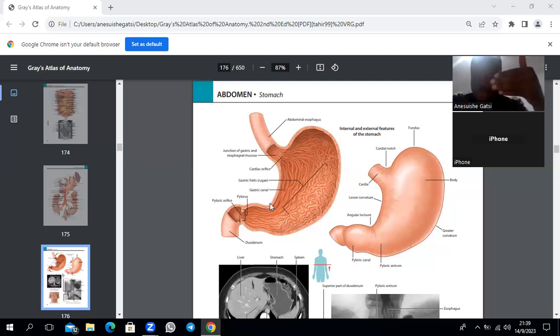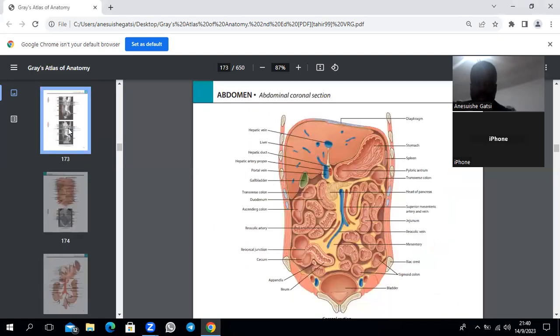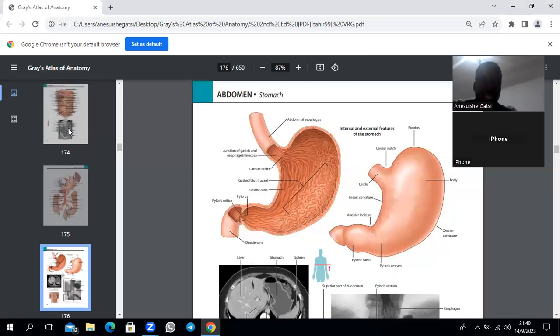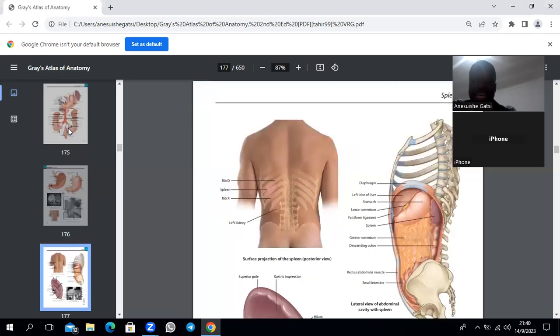More importantly, the greater omentum is very important because it acts as a policeman of the abdomen. By policeman, what do I mean? It is quite extensive, to the point that it can cover, so this is the greater omentum here.